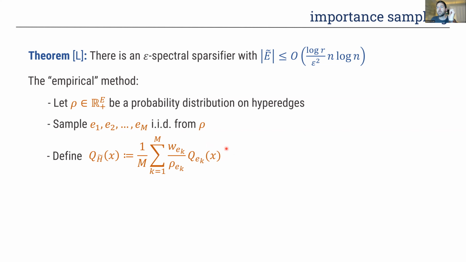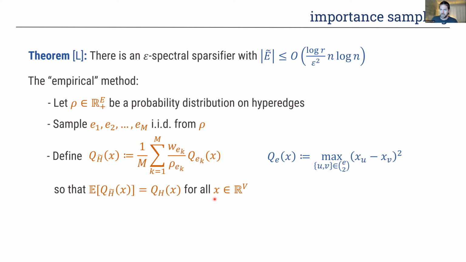So with the quadratic form, that's the average of all of these rescalings of the sampled edges. So the notation here is that for a single edge, Q_e of x is just the corresponding term in the energy. And then the reason for the choice of weights here is the following. It's so that by linearity of expectation, Q_H tilde is an unbiased estimator of Q_H for every input vector x.